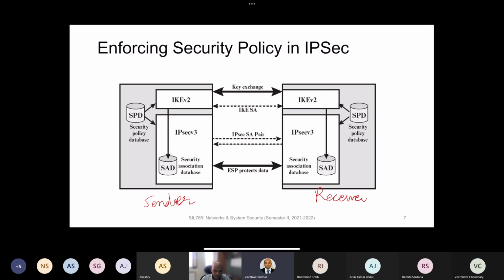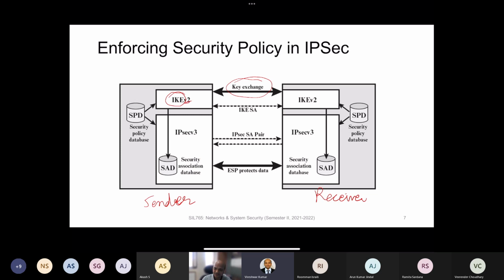We have to do encryption and authentication in IPsec, so we have to use a symmetric key. Now, how do you agree on symmetric keys? You have to use asymmetric keys, to do key exchange.